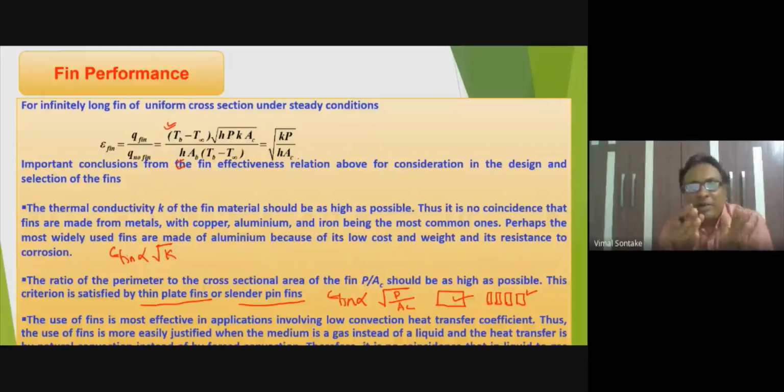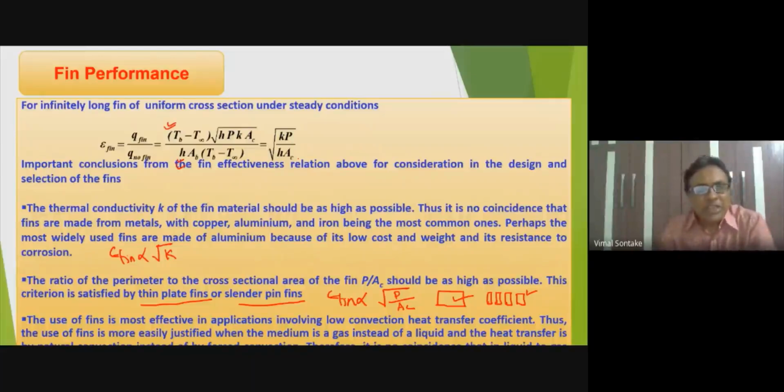And between liquids and gases, gases have a low value of convective heat transfer coefficient. So fins are useful in enhancing the heat transfer rate only when they are exposed to gas rather than liquid.